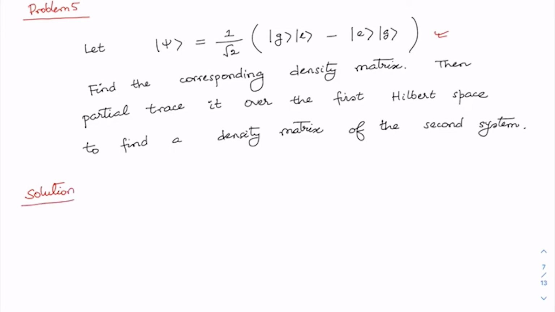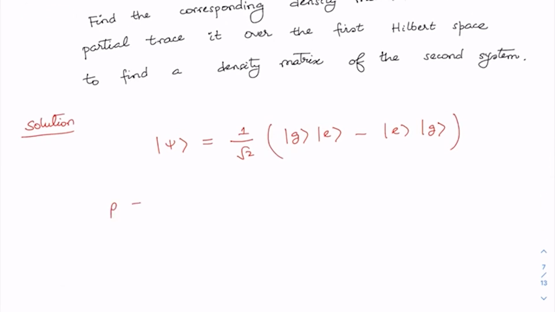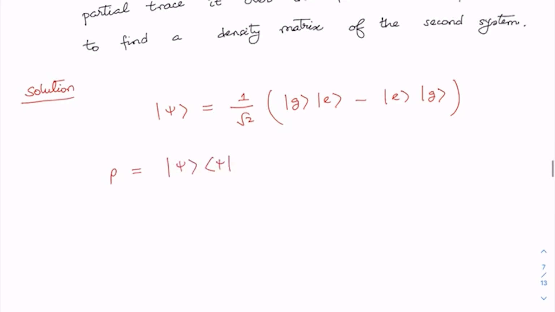So we have |ψ⟩ = 1/√2 (|z⟩|e⟩ − |e⟩|z⟩). Of course this is a tensor product: |z⟩ tensor |e⟩ minus |e⟩ tensor |z⟩. The density matrix would be |ψ⟩⟨ψ|, and if we do that, 1/√2 will appear twice, so we will have a half here.